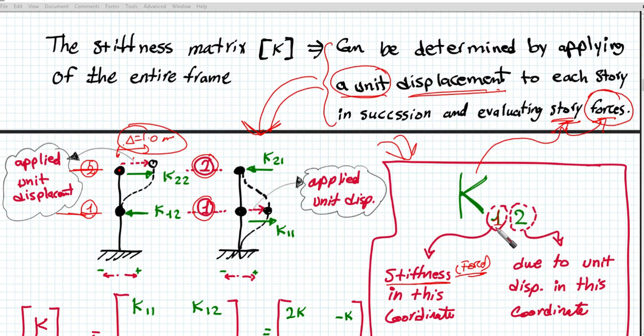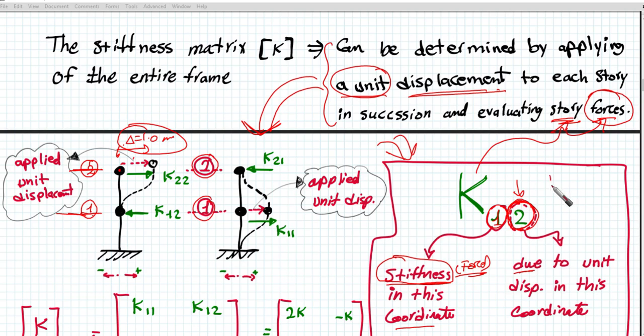So the first subscript means the force or the stiffness that is going to be developed in this coordinate due to a unit displacement in the other coordinate. So whenever I say K12, it means the stiffness or the force that is going to be developed in coordinate 1 due to unit displacement applied in coordinate 2. Okay, that's the meaning here.